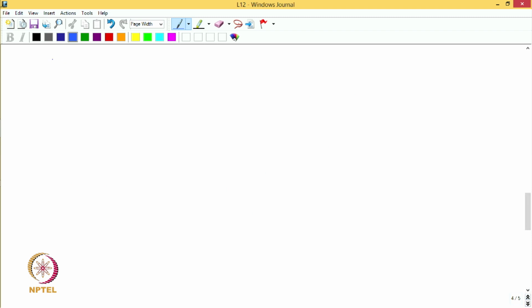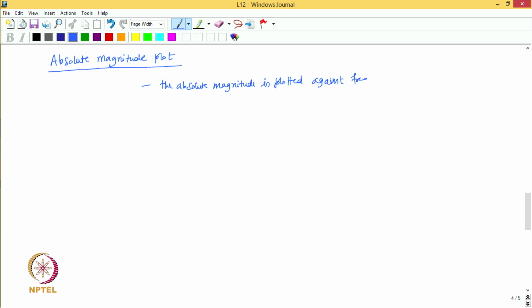Another plot which is used is the absolute magnitude plot. In this plot, the absolute value of the magnitude is plotted against frequency. So this plot may look something like this.